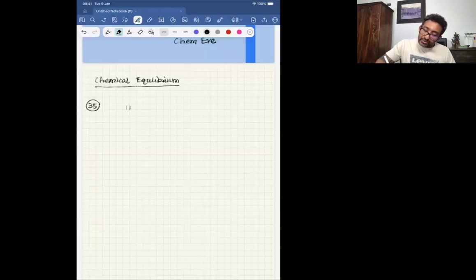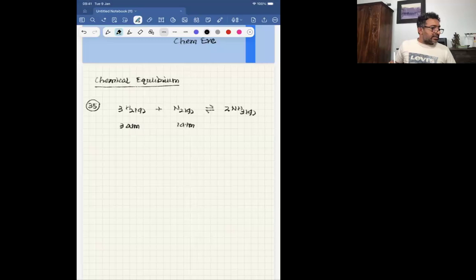Do you remember the Haber process? Nitrogen plus hydrogen gives ammonia at equilibrium. So this is your Haber process: one nitrogen, three hydrogens, two ammonia. Nitrogen and hydrogen in the mixture are at 1 atm and 3 atm partial pressures at a certain temperature.